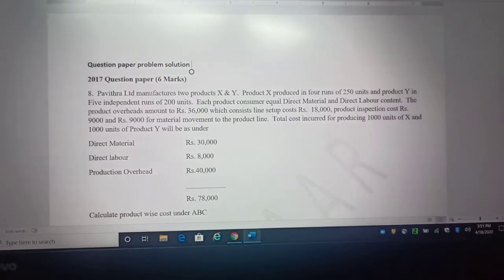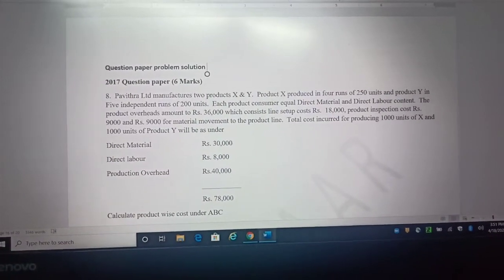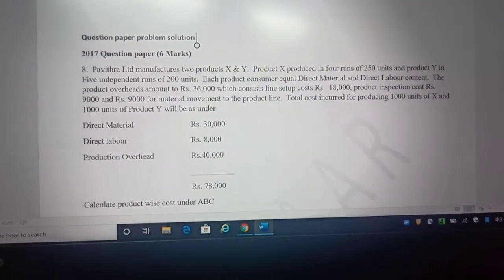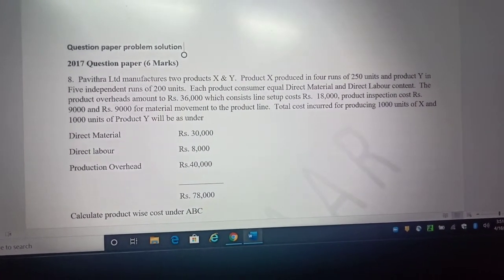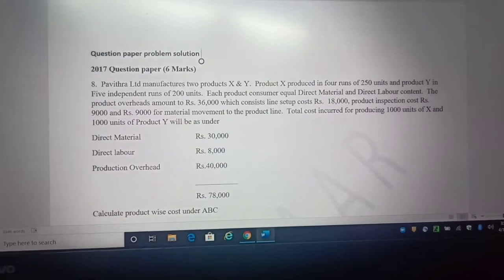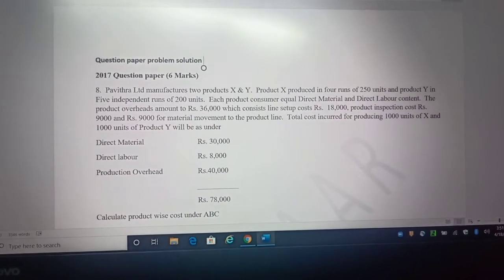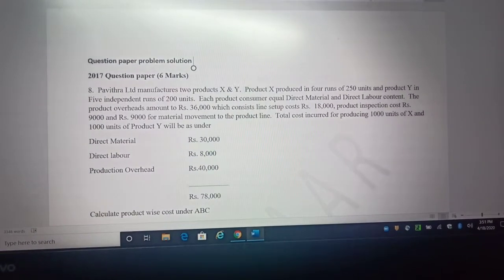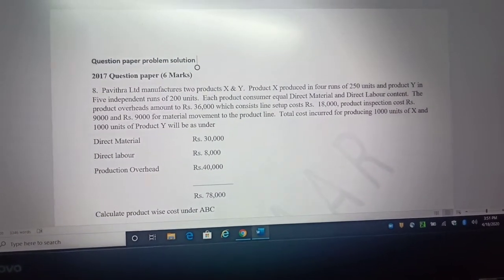Pavitra Limited manufactures two products, product X and product Y. Product X is produced in 4 runs of 250 units and product Y in 5 independent runs of 200 units. Each product consumes equal direct material and direct labor content.